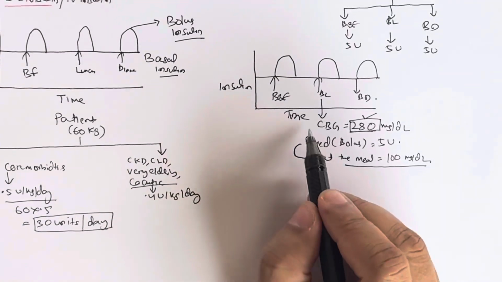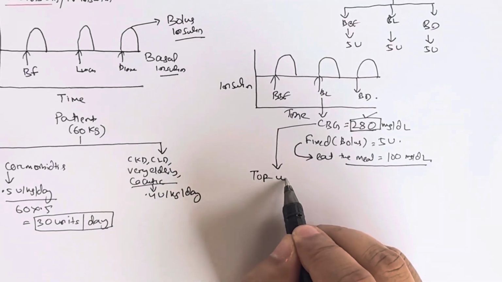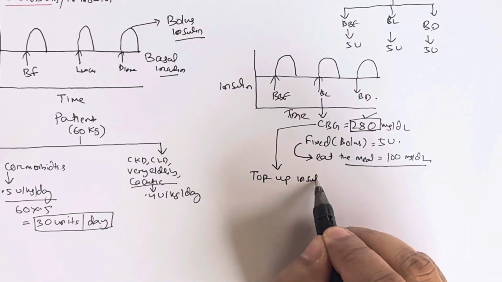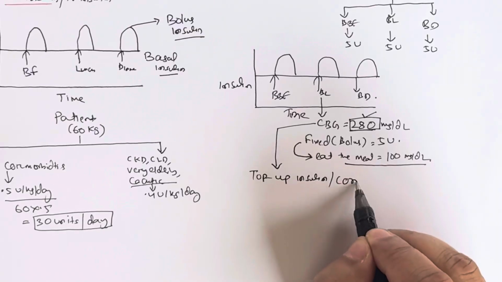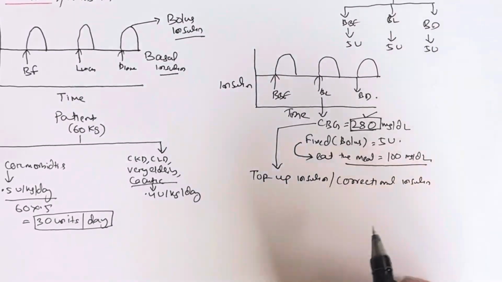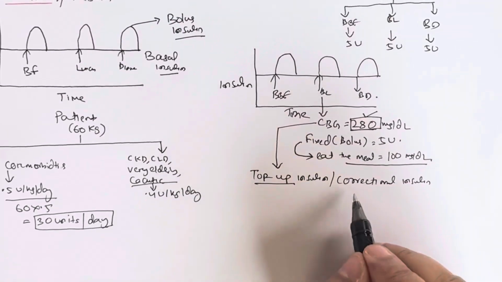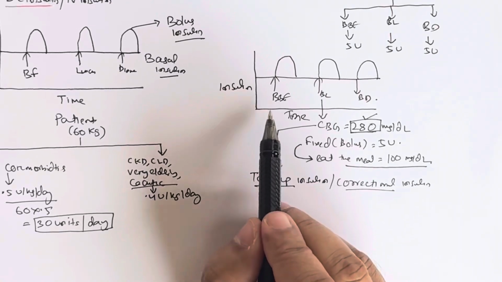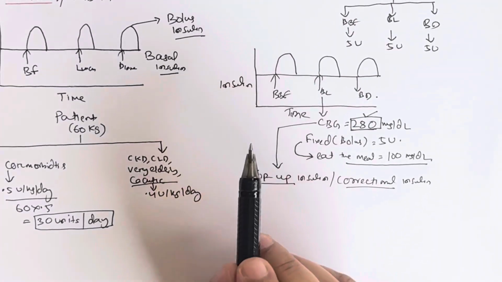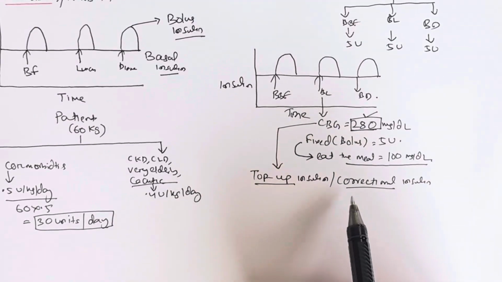That is the reason why there is a concept called top up insulin or correctional insulin. Why is it top up? Because you have to top up above the fixed bolus dose. Why is it correctional? Because the insulin that you have given in the morning was not enough. That's why the sugar has gone up to 280.